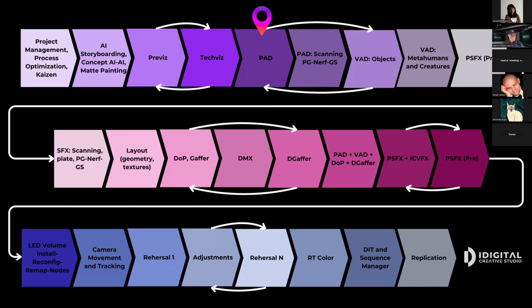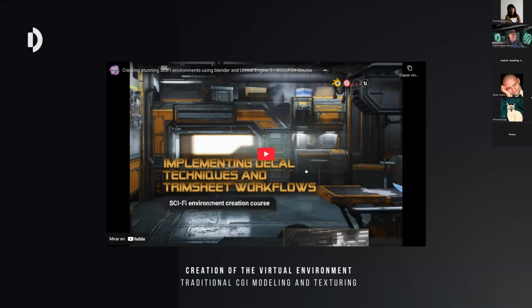Why is that? Because this way you get much more realism. When you scan, and you will see some examples, you will get much more realism. Because as you can see in this example, it's pretty cool, but it looks a little bit gamish. And that's usually the critique we have with virtual production. It looks gamish.